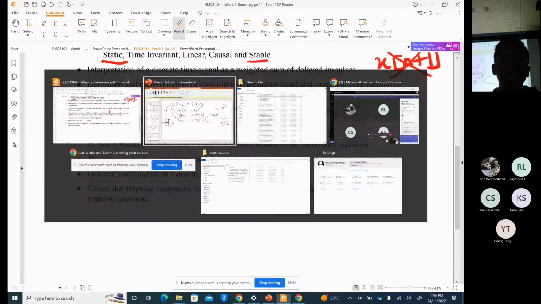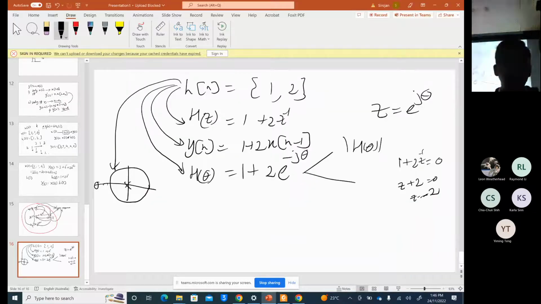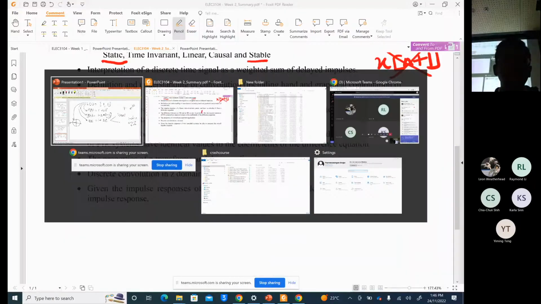Yeah, so then the Z transform, you should be able to find it from the first principle.